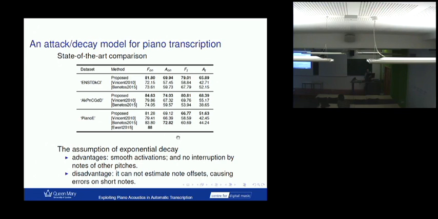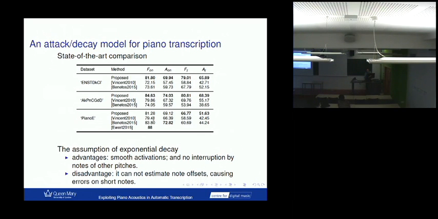But for this one, our note-level results are not that good. We think this is because this dataset is from a piano competition.